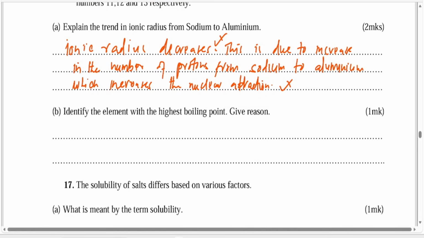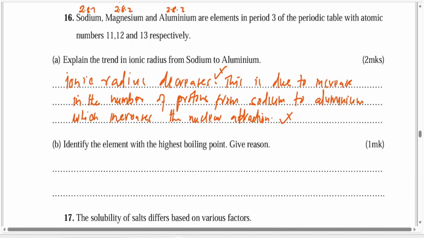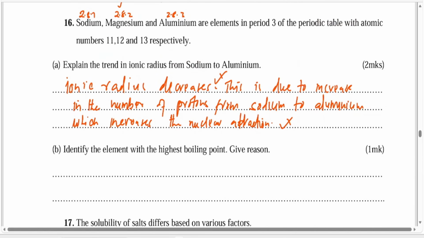Identify the element with the highest boiling point. Give a reason. Among the 3 elements that you are given, aluminium has the strongest metallic bond.